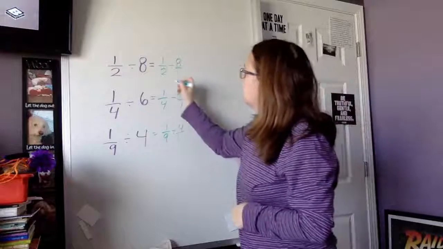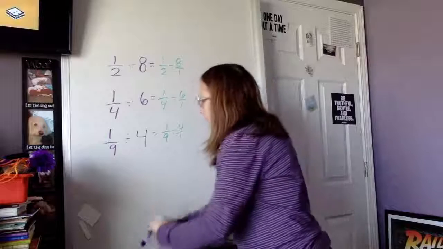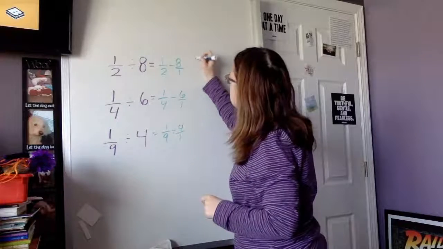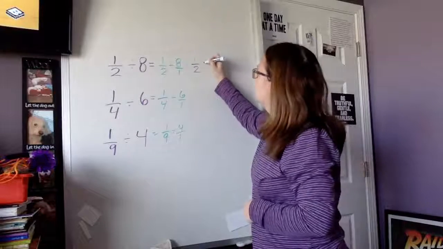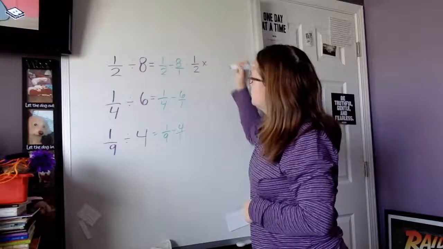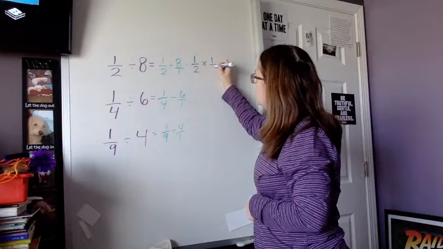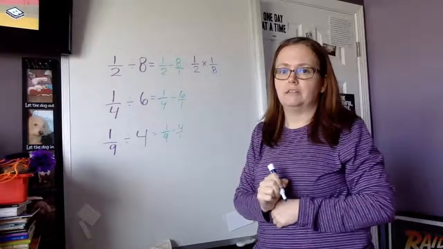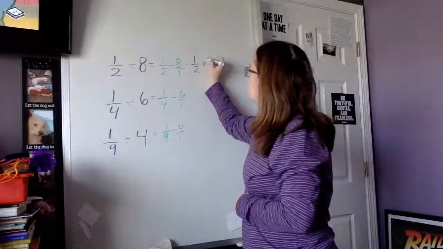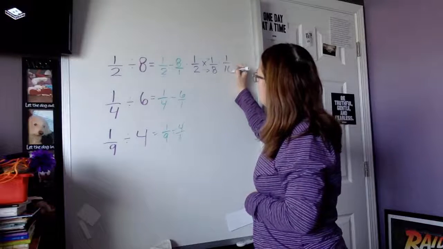So you leave the first fraction alone, and then you multiply by the reciprocal. And the reciprocal would be 1 over 8. And then you multiply straight across. So you get 1 over 16.